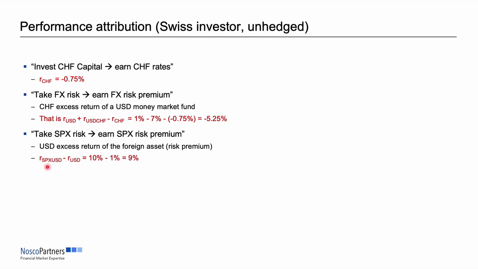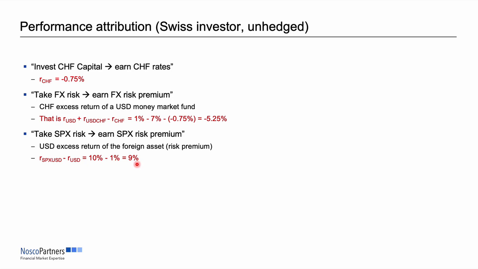So what is the excess return of the S&P investment in excess of the US dollar money market rate? And we see that the total return of the S&P is 10%. The US dollar interest rate is 1%. So the excess return is 9%.